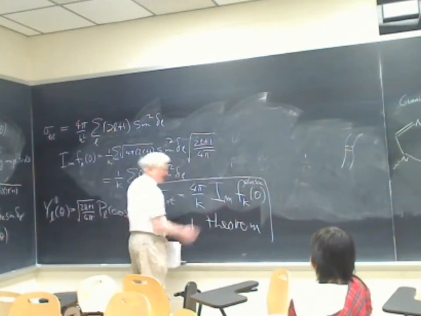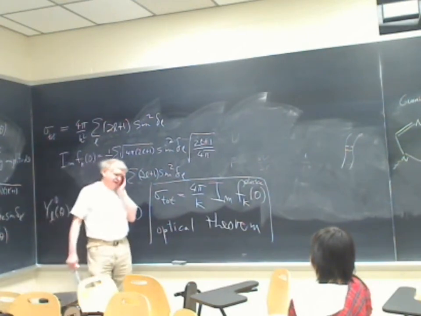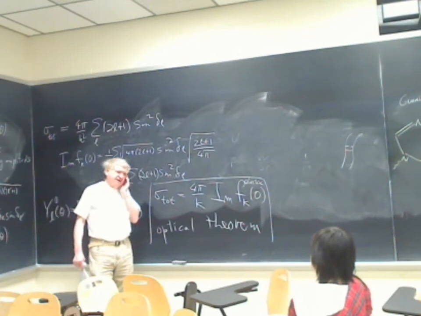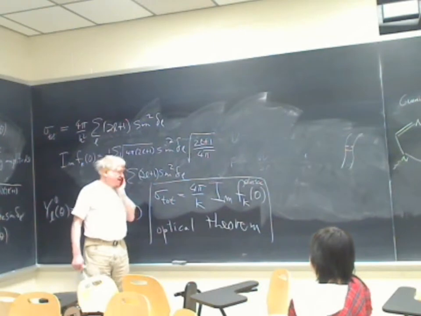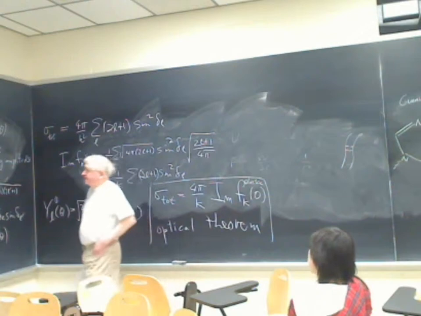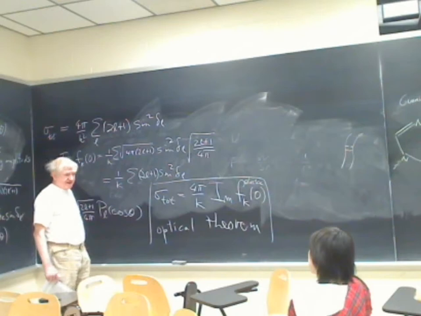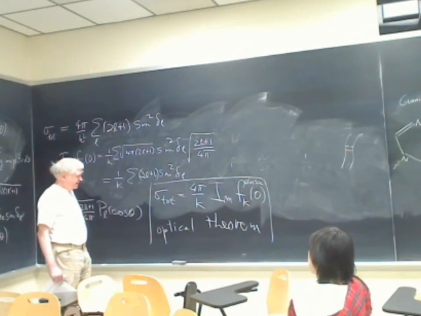Notice something else, and I might come back to this next Monday. But remember the phrase dispersion relation. So if you imagine that this elastic scattering amplitude is an analytic function of k, say, then you can think about writing the dispersion relation for the elastic scattering amplitude.